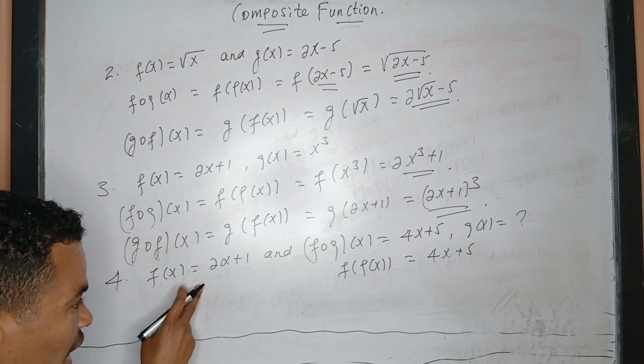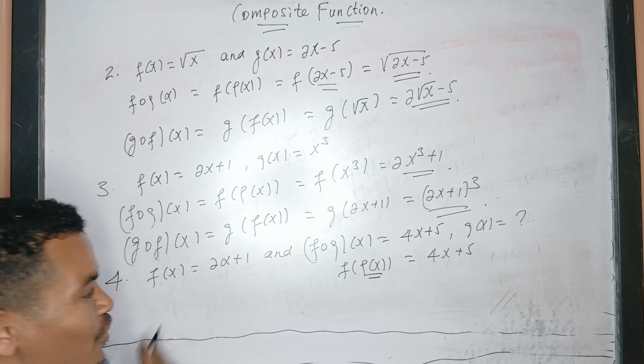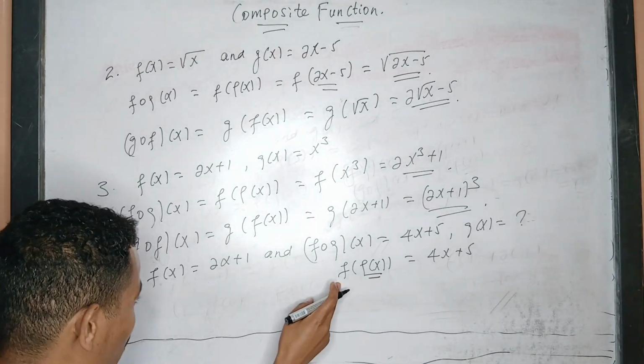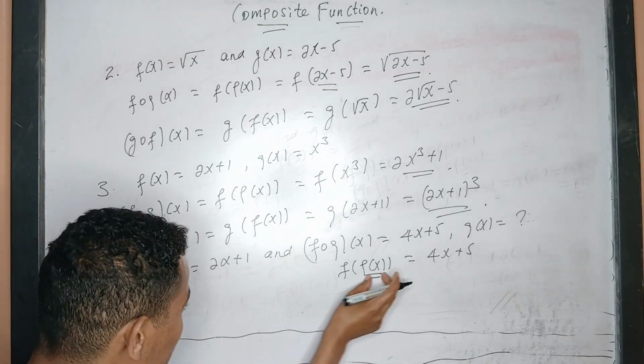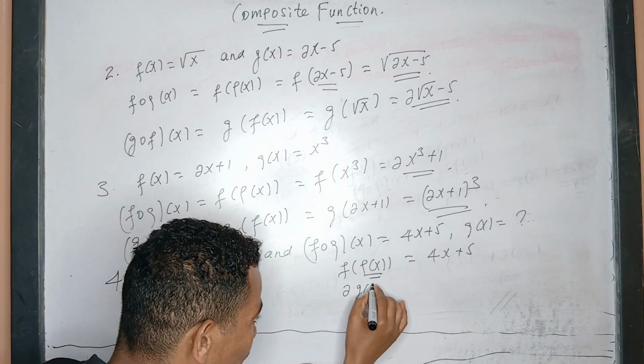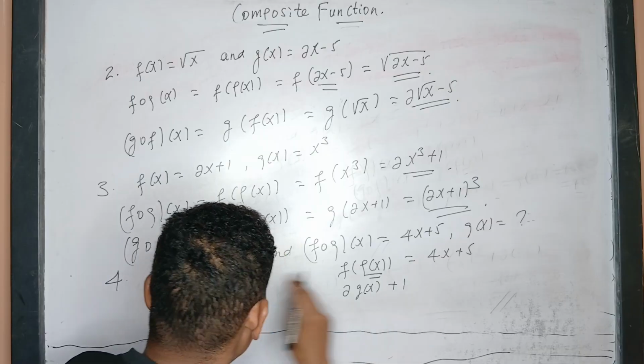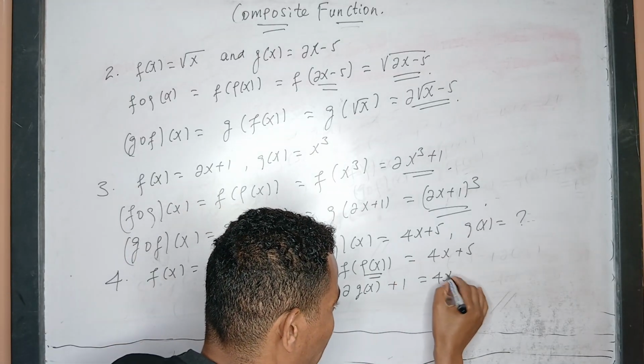And f of x is 2x plus 1, so we insert g of x into the function f of x. That is, f of x is 2x plus 1, so we insert g of x here. That is 2 times g of x, in place of x we substitute g of x, plus 1 is equal to 4x plus 5.